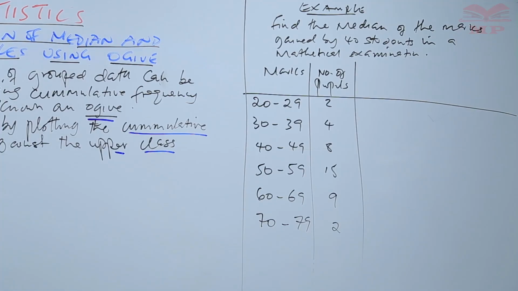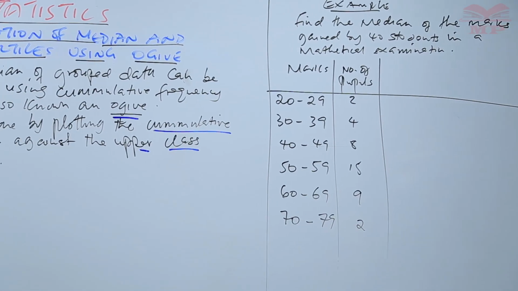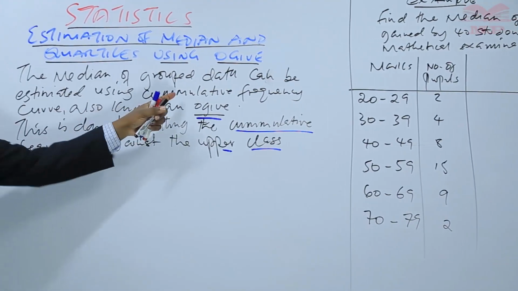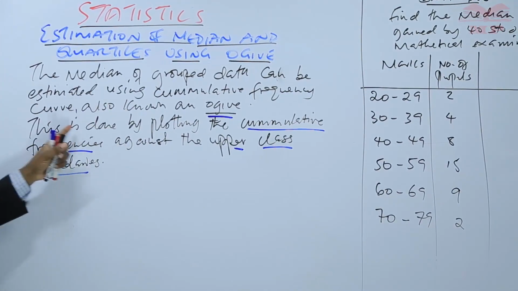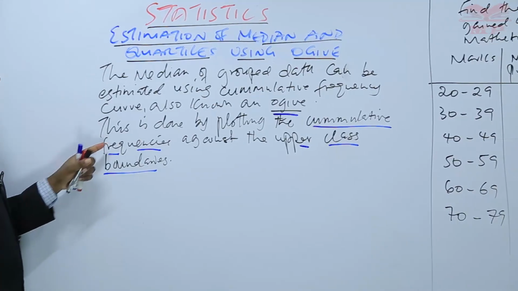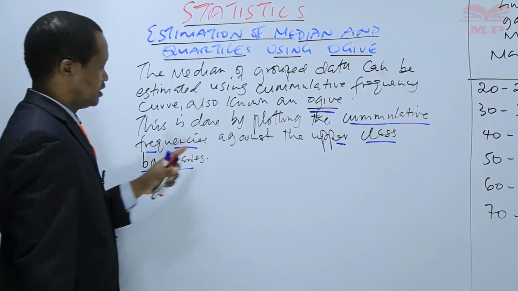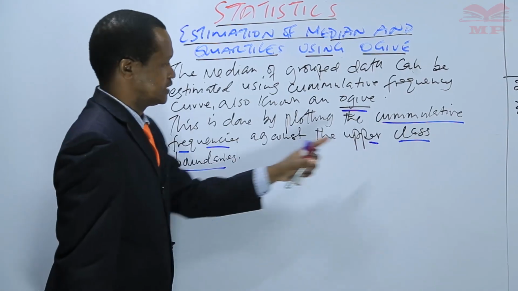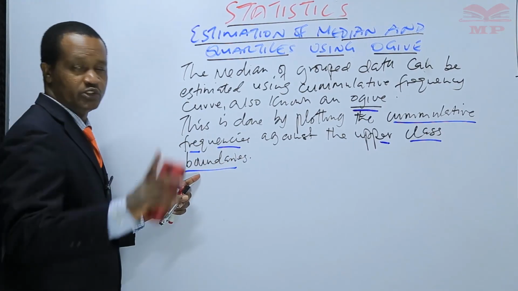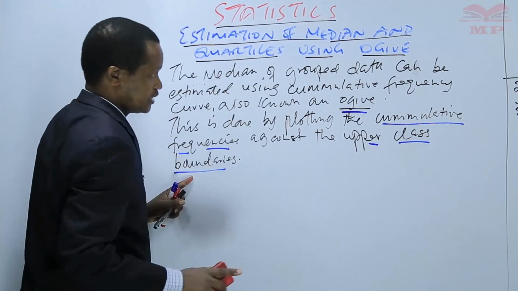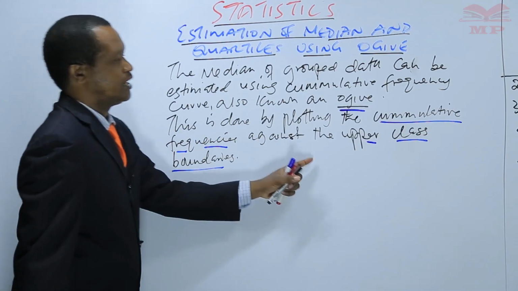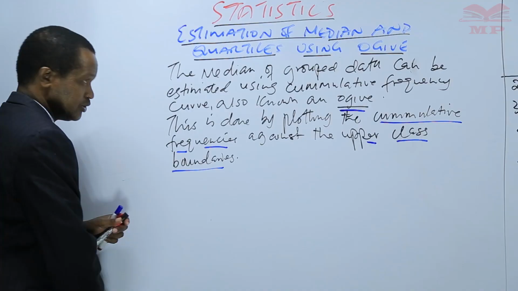I've just said that the median of grouped data can be estimated using a cumulative frequency curve. This is done by plotting the cumulative frequencies against the upper class boundary. So we need two things to plot on a graph, that is cumulative frequencies and upper class boundaries.